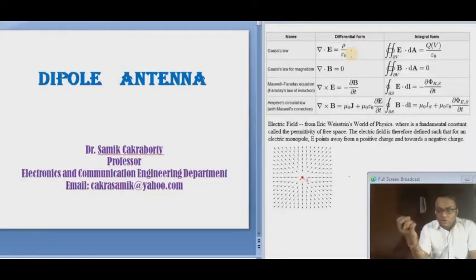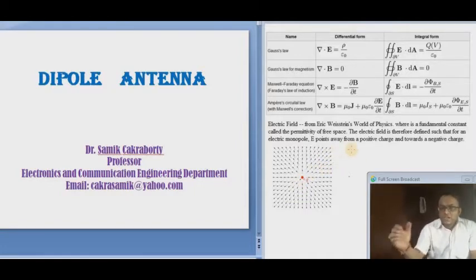And in the other way, for a negatively charged particle, the flux will converge. So we can say the electric flux comes from the charges and goes either to infinity or to nearby negative charges to terminate. In that way we can find a line of force.